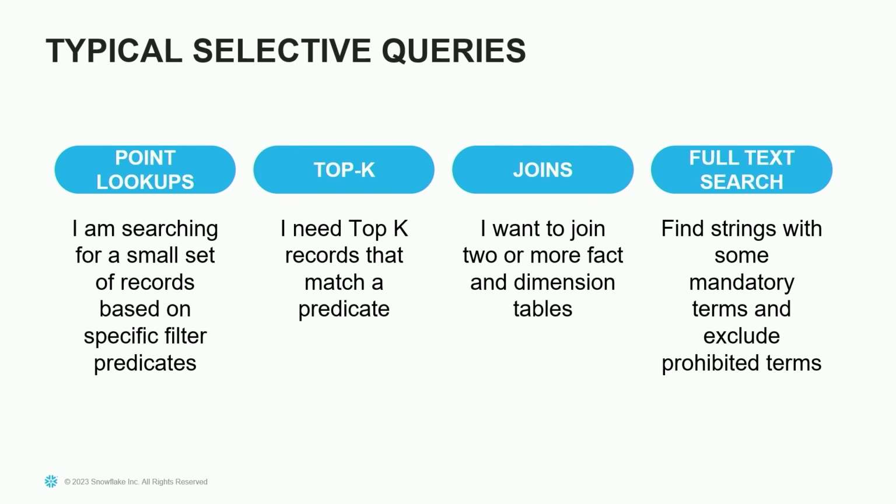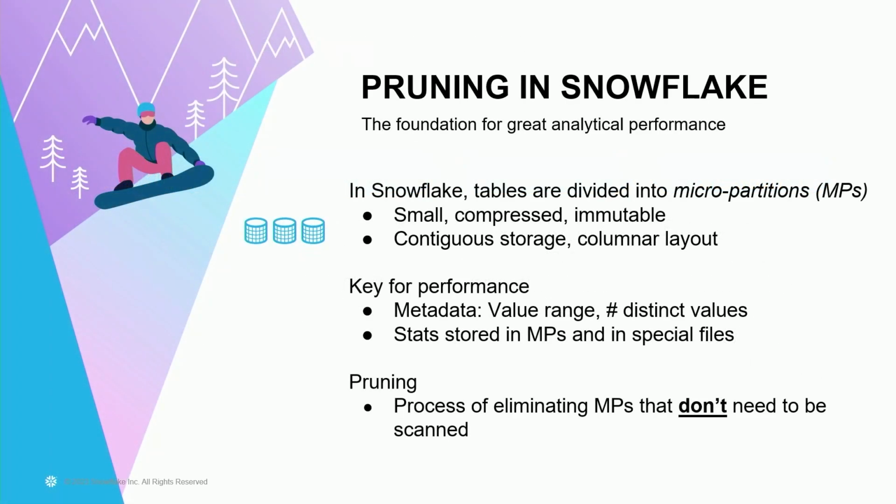The great underpinning of all of these queries and everything else in Snowflake is the pruning capability. So let's talk a little bit about how pruning works. In Snowflake, tables are divided into small, compressed, and immutable contiguous storage called micropartitions.